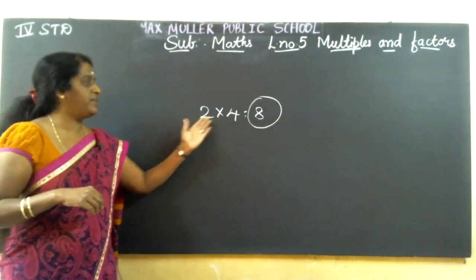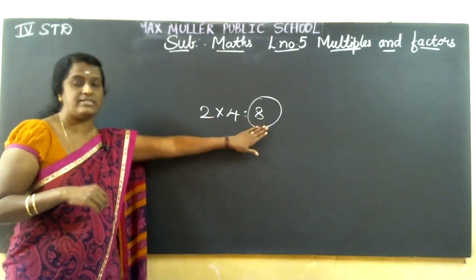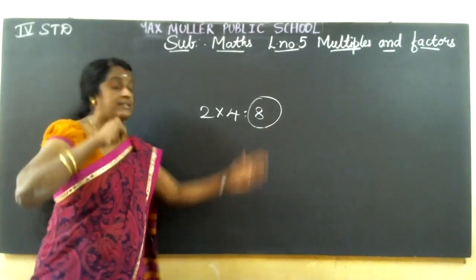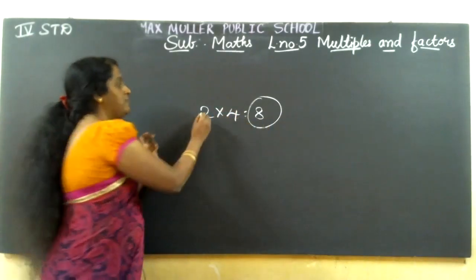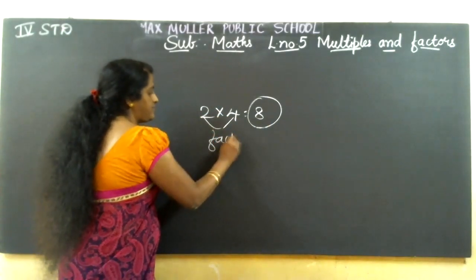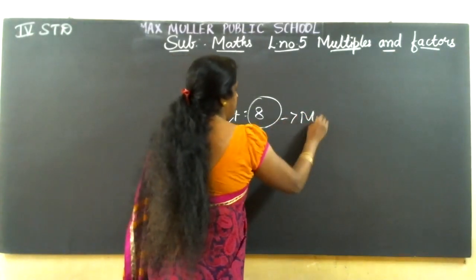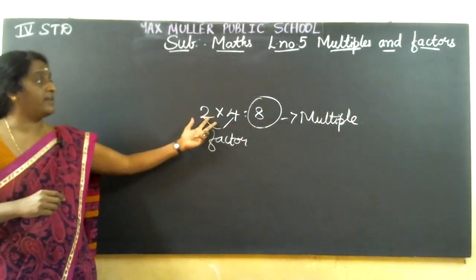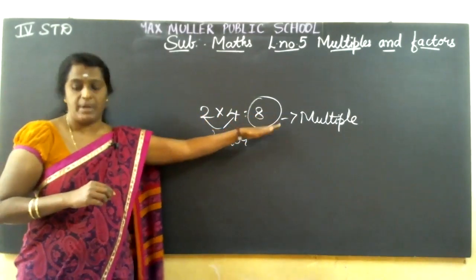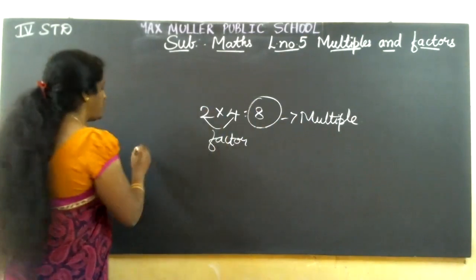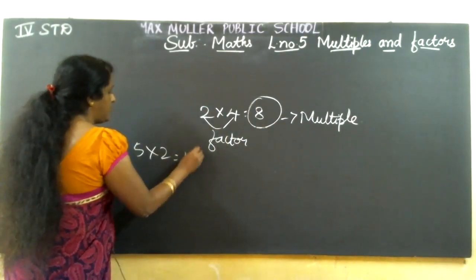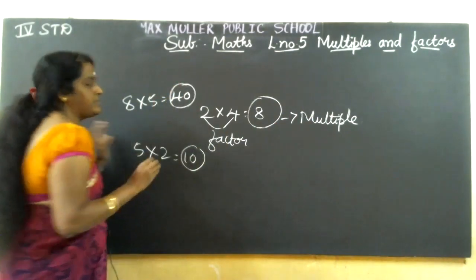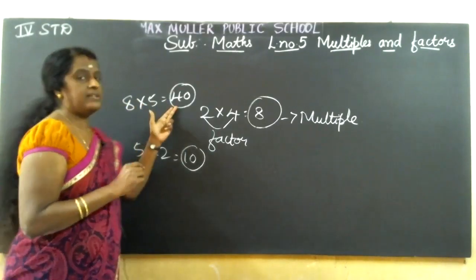These two numbers are factors, and this is the multiple. List of multiples: 5 2s are 10, this is a multiple. 8 5s are 40, this is a multiple. With another number, the result we get is a multiple.